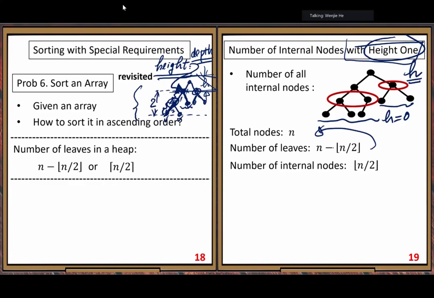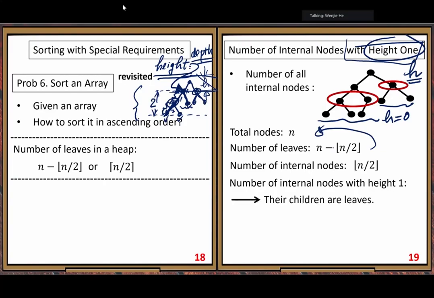Next, we only want to count the number of internal nodes with height 1. How to describe it? We need to look at the local triangle. Its parent node has height 1. And we look at their children, the left child node.